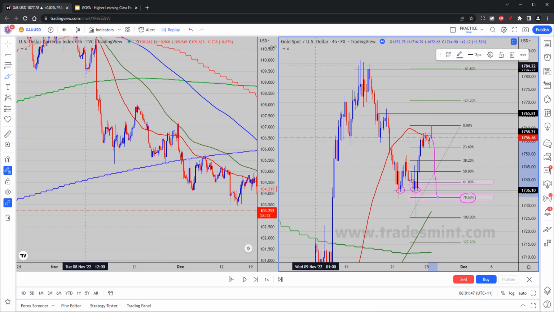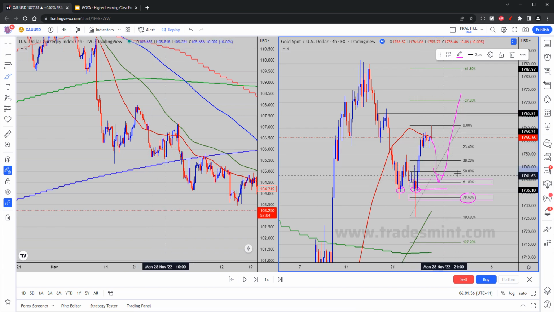If they really wanted to protect the price, they would limit their retracement to the 61.8, protect those lows, and basically bounce from there. Okay, the 50% is in the middle of nowhere.